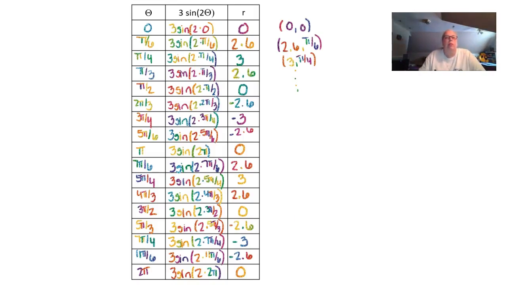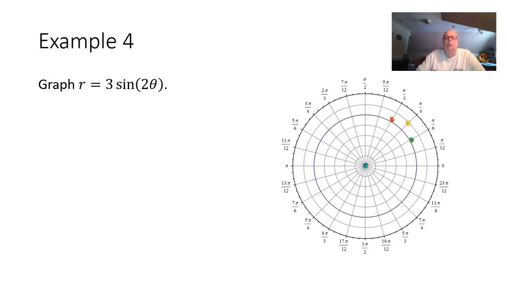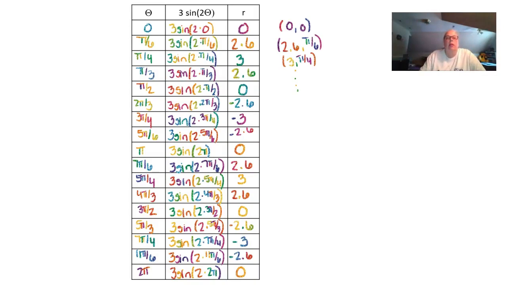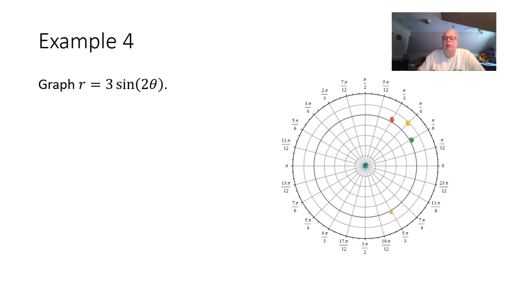Which is 0, 2 pi over 3 and negative 2.6. Pi over 3. 1, 2, 3, 4. Negative 3. 3 here.